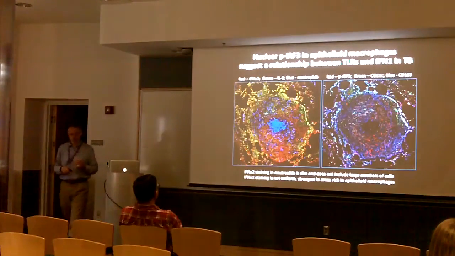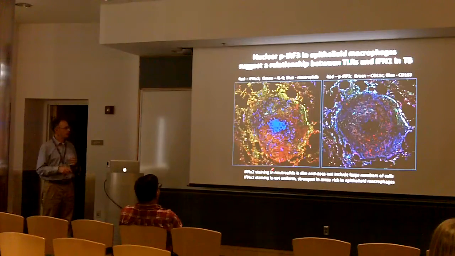So if we take a look at this granuloma, what we can see is that you've got strong type 1 interferon expression here. You've got it kind of spreading out through here. And then the neutrophil population is in here.